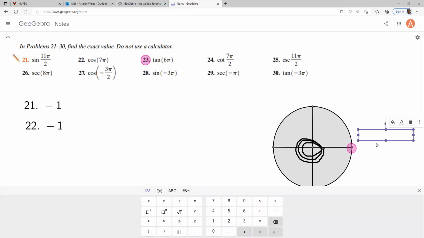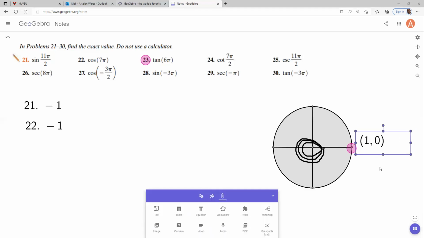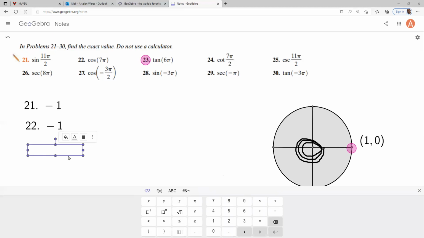The x coordinate is 1, and the y coordinate is 0. Sine is the y coordinate, and cosine is the x coordinate. So it's going to be 0 over 1, and 0 over 1 is 0. So 23, answer is 0. I hope it's making sense.